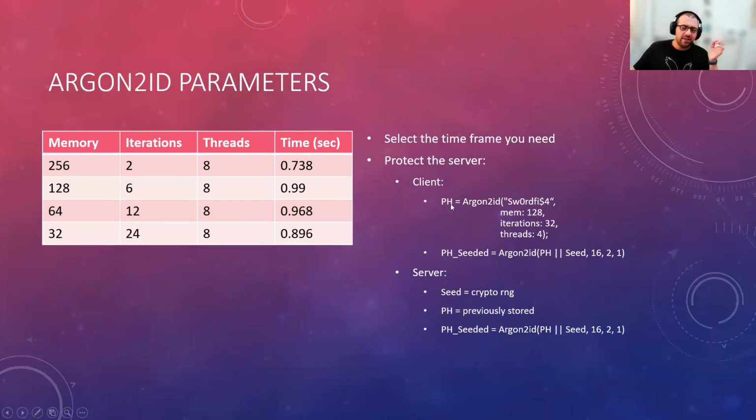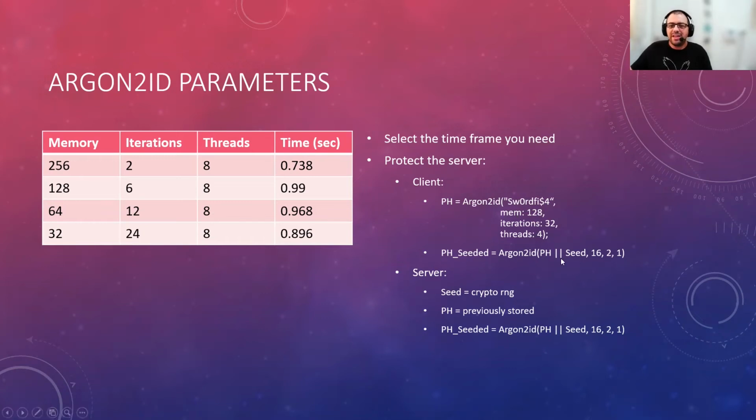So here's how we do that. We say this is the client, and the client wants to authenticate, and the client uses big details. So the client needs to compute the password hash using high secure defaults. And that takes time, but that takes time on the client.